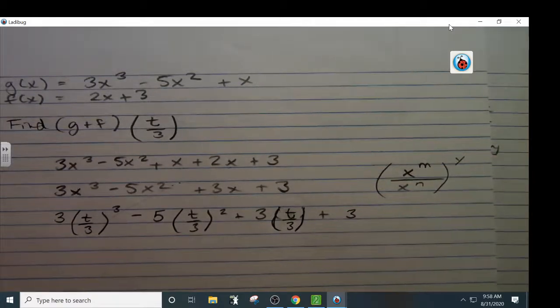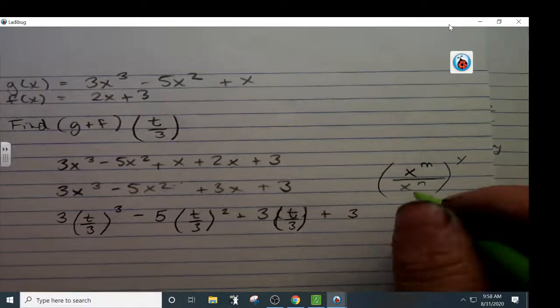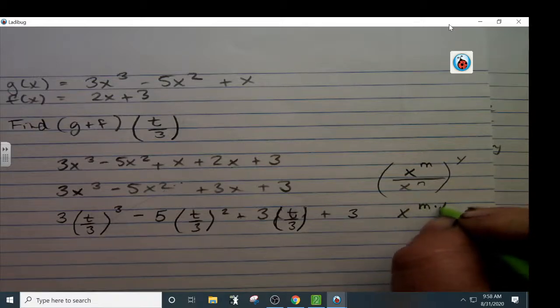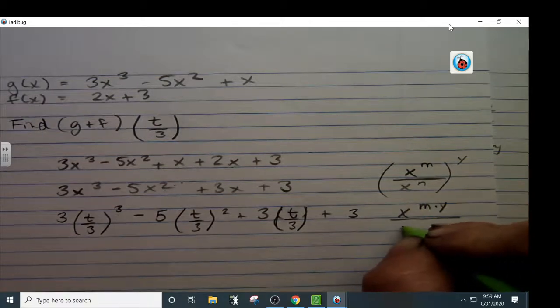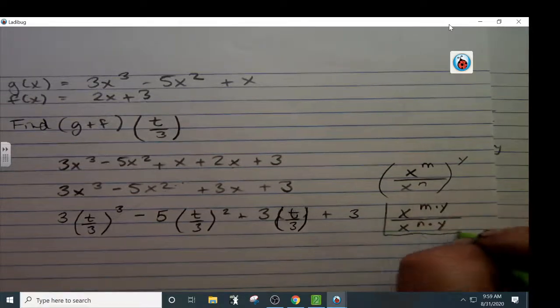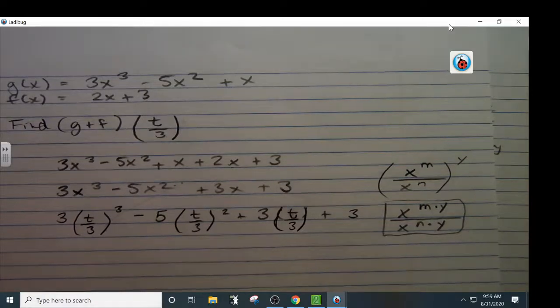If you have a fraction and you raise it to a power of y, what you do is this. That's the rule. You just multiply the exponents pretty much, unless you have a number.